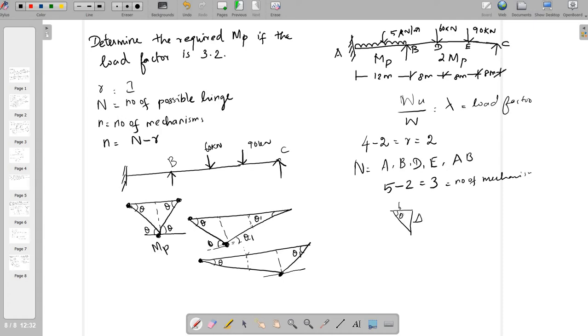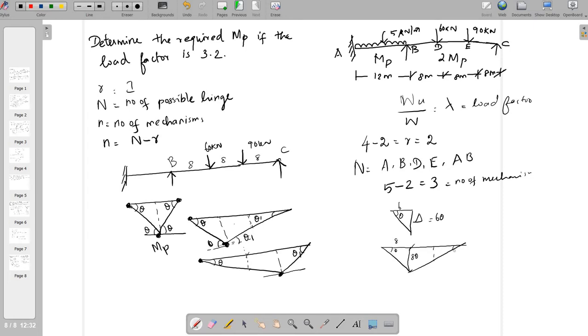Here it is theta, so delta equals 6 theta. For the next triangle, the spans are 8 and 8, so the deflection is equal to 8 times theta, so it is 8 theta.